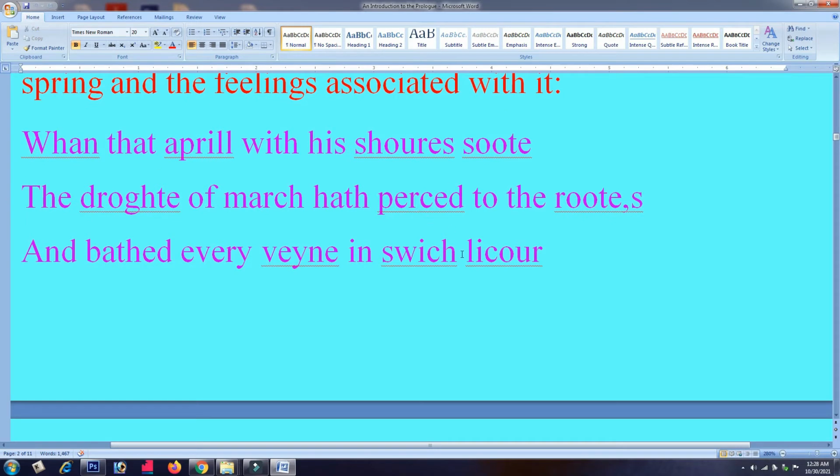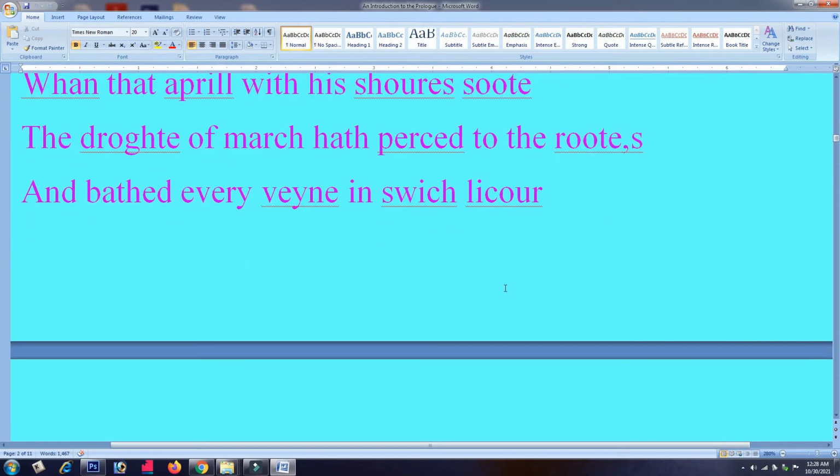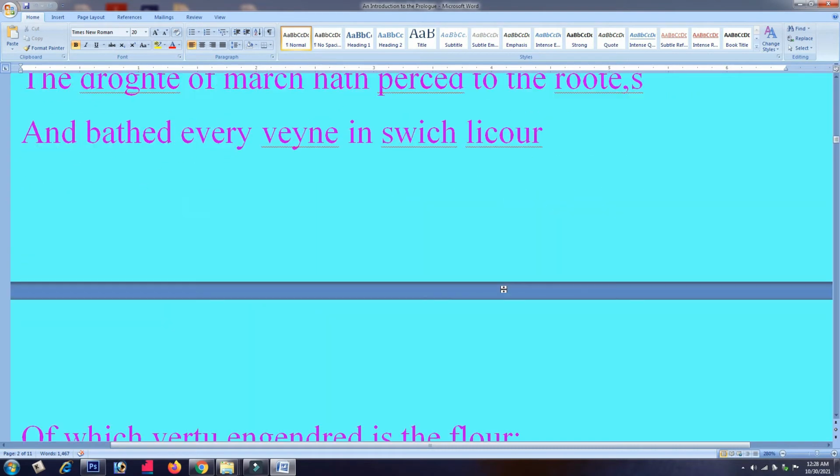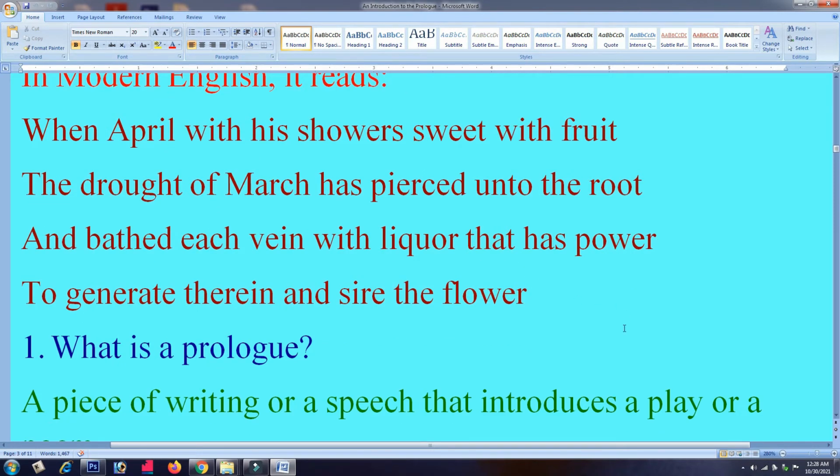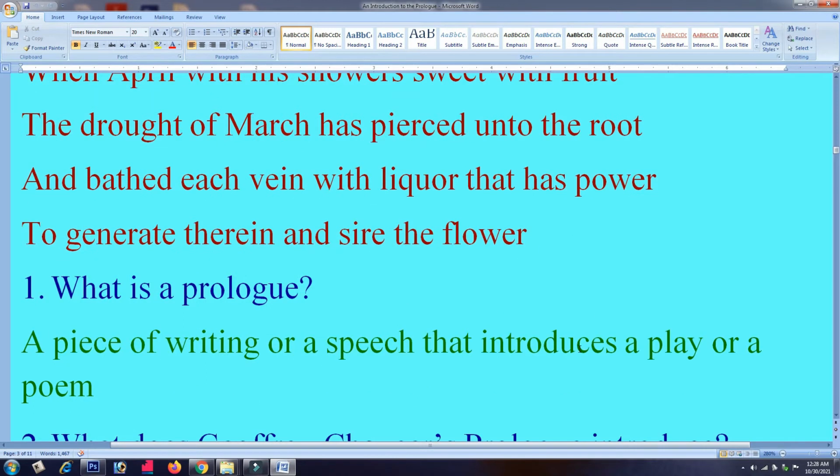These following lines are in Middle English. In modern English it reads as: When April with his showers sweet with fruit, the drought of March has pierced unto the root, and bathed each vein with liquor that has power to generate therein the cell of flower.